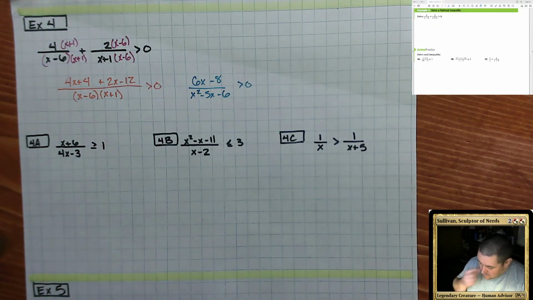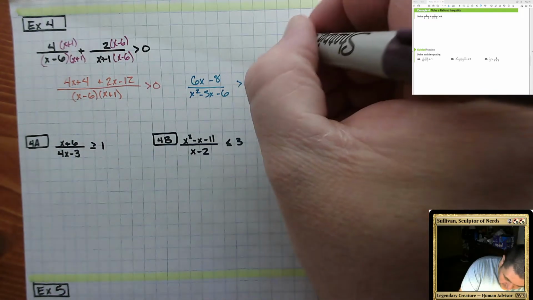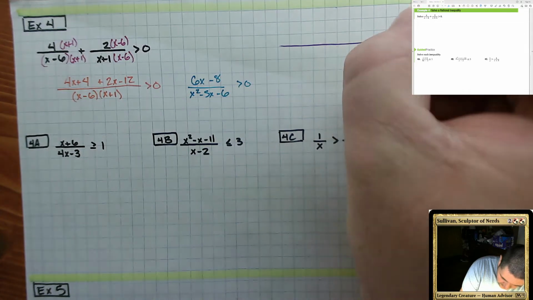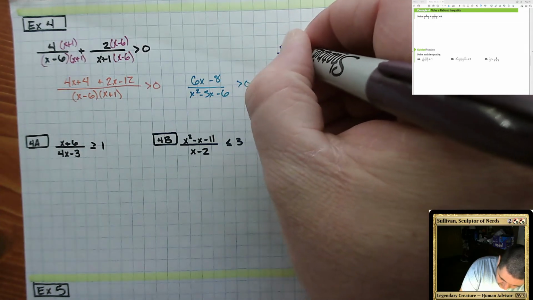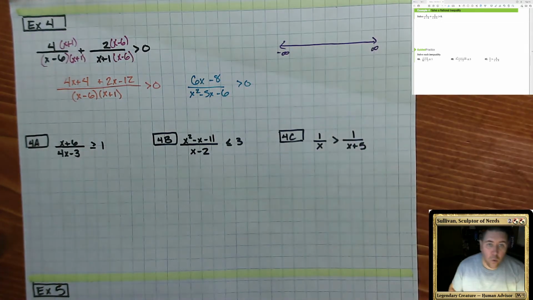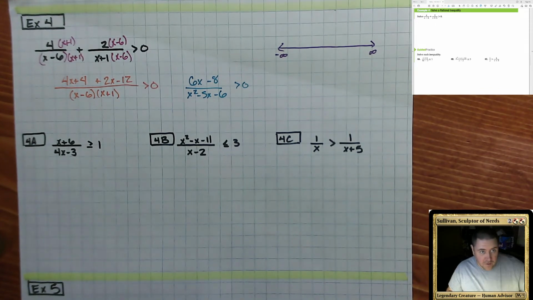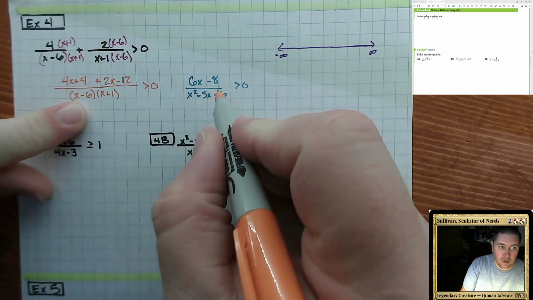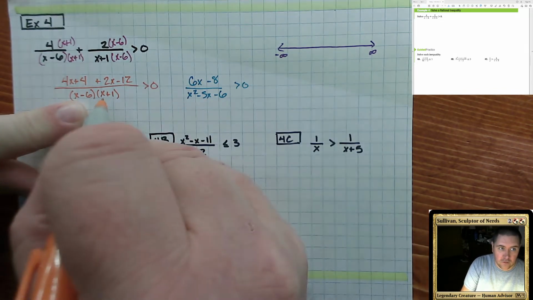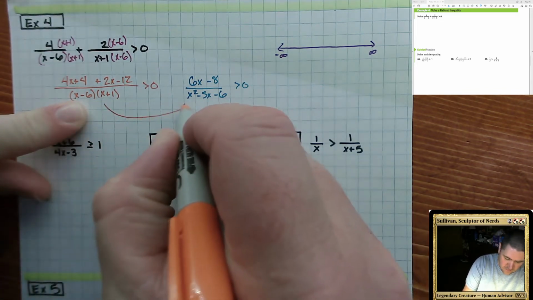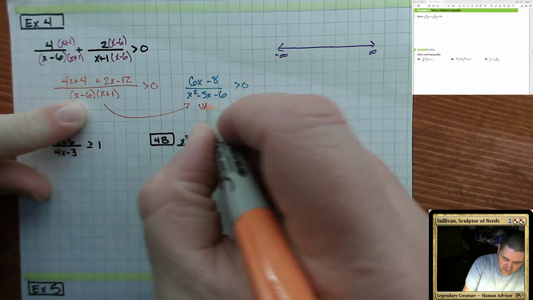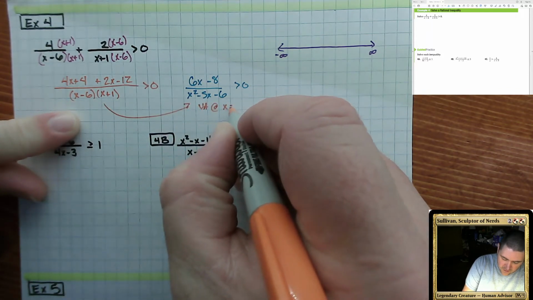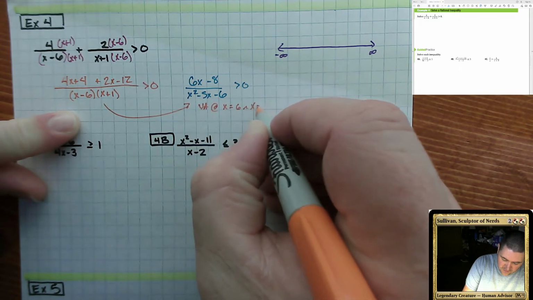So common denominators, combine like terms, distribute, all that kind of stuff. And now treat this like when we were graphing, because the idea behind this is to find my little cheater number line here from negative infinity to infinity. Where are those intercepts and asymptotes in between? Well, I already know how that factors, right? I know I'm going to have vertical asymptotes at x is 6 and x is negative 1.